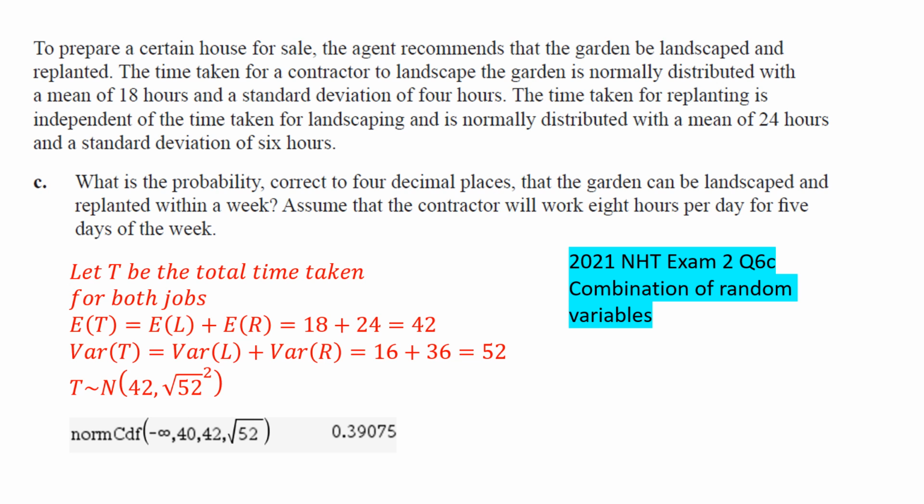So in this example, you've got two different times. One for landscaping, and we call that L. The mean of that is 18, and the standard deviation is 4 hours.